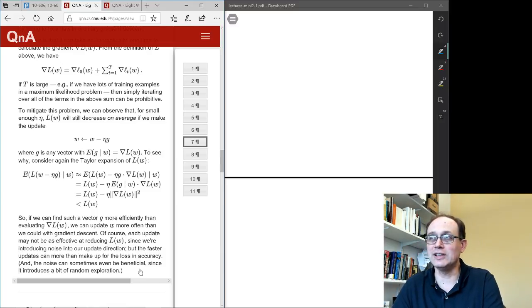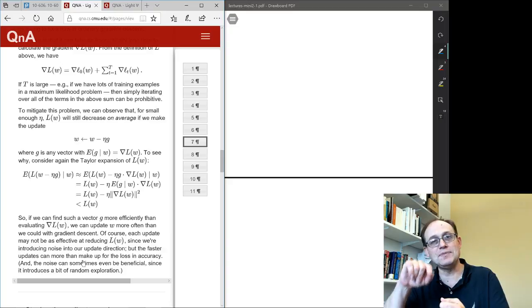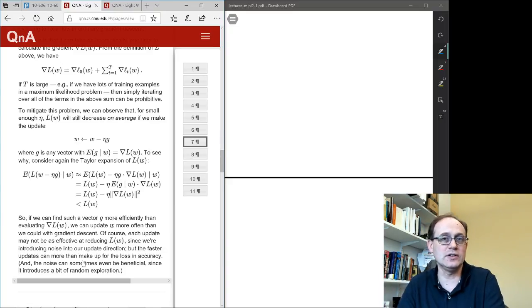That's actually an interesting subject of research for a lot of problems, to figure out these estimates quickly. I should point out as well, the noise can actually even be beneficial, right? If you're about to get stuck in a local optimum, the noise can bounce you out of that local optimum so that you then have a chance to go down to the global optimum, if you're lucky. There's not usually a guarantee about that.